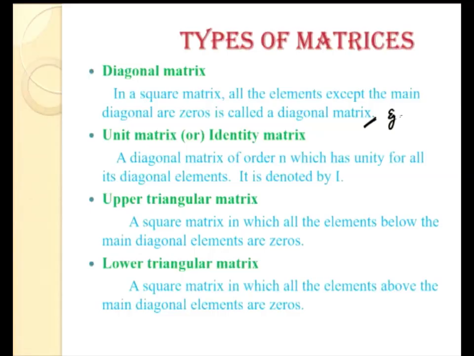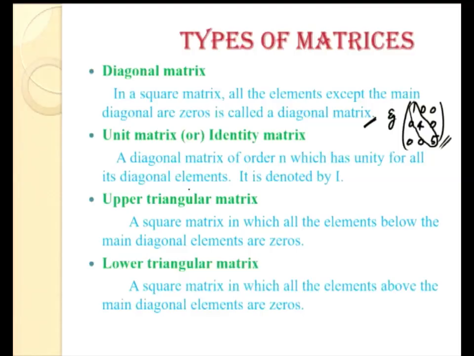An example could be the matrix of the form 1 0 0, 0 4 0, 0 0 5. So this is an example of a diagonal matrix. Only the diagonal elements may be non-zero, whereas all other off-diagonal elements must be 0.